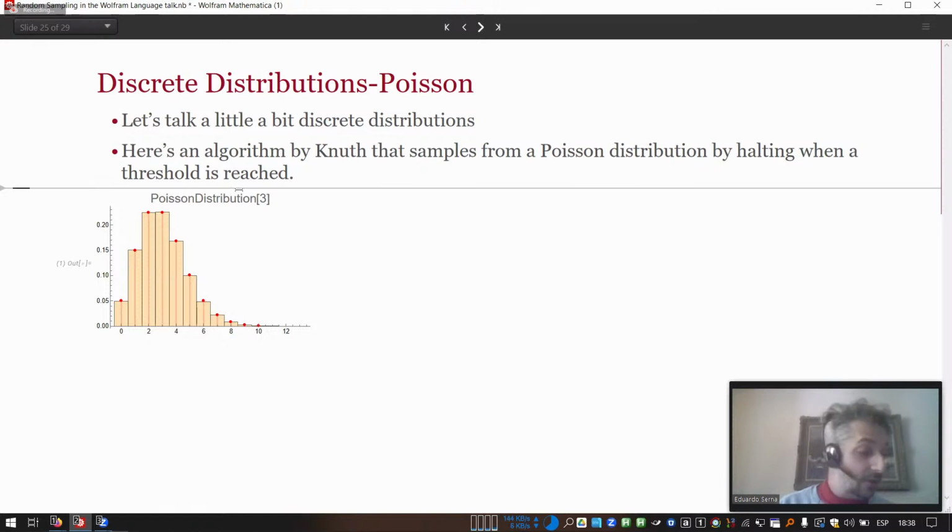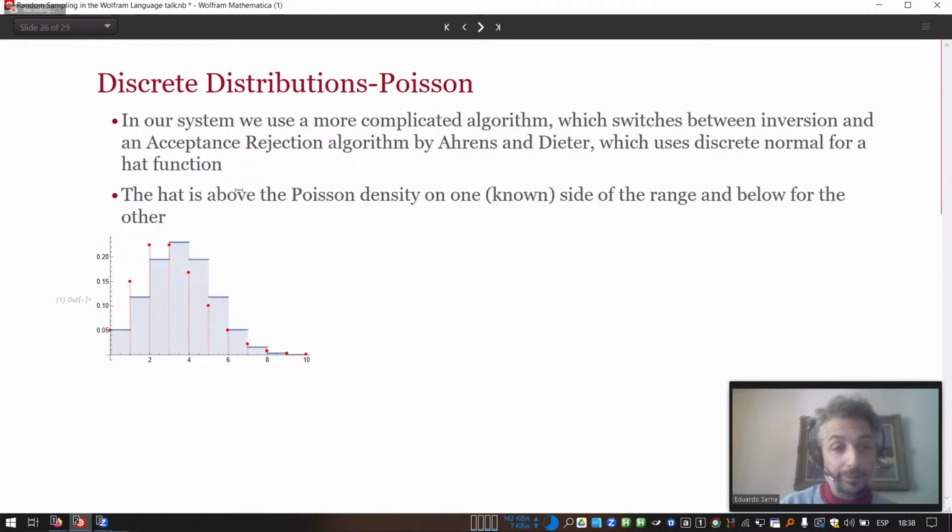However, if we want to have a look at the real thing, which is what we're using in our system, it's a much more complicated algorithm. It switches between inversion and acceptance-rejection for different ranges of the parameter lambda. The acceptance-rejection algorithm is a very clever algorithm by Ahrens and Dieter, which uses a discrete normal hat function, and this hat function is above the Poisson density on one known side of the range.